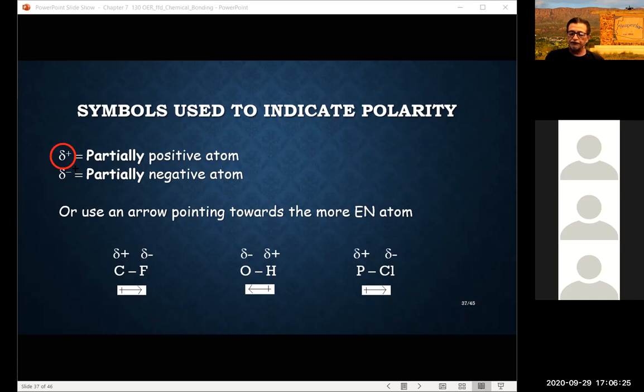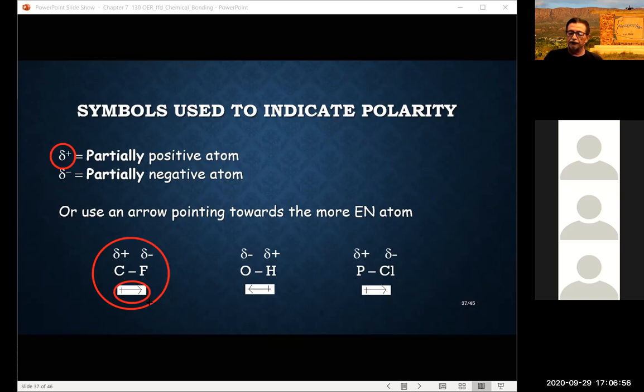So if we look at the first example down here, with carbon fluoride bond, okay, the first thing you do is to see which one is more electronegative. Well, we know that fluorine outbeats everybody. So fluorine is the most electronegative. Therefore, we draw an arrow pointing toward fluorine from carbon, and we put a little plus sign on the carbon side.